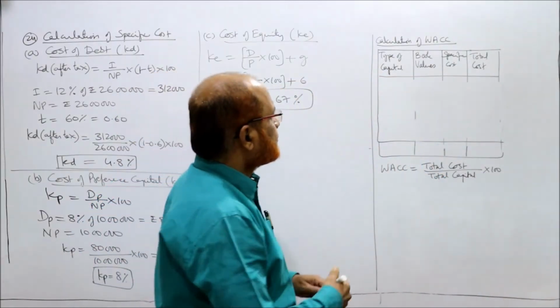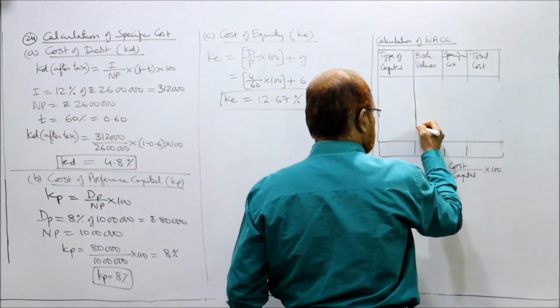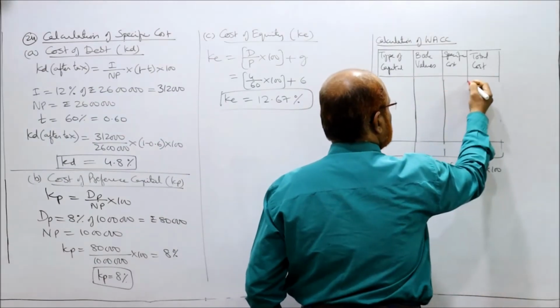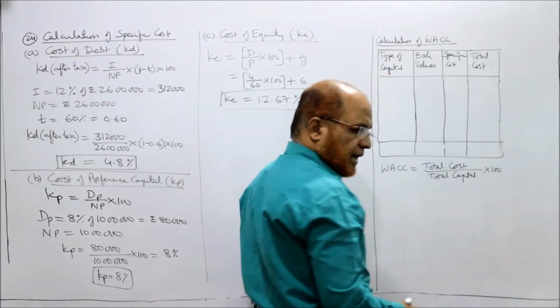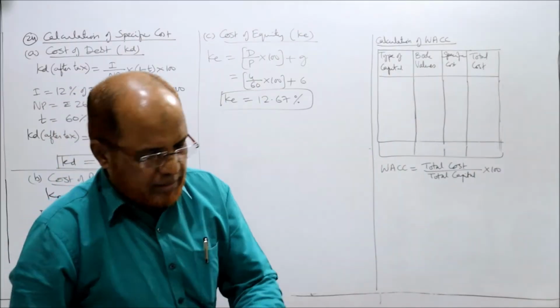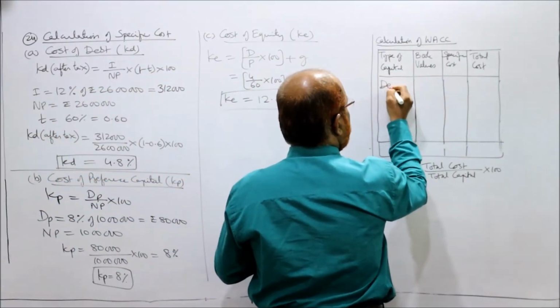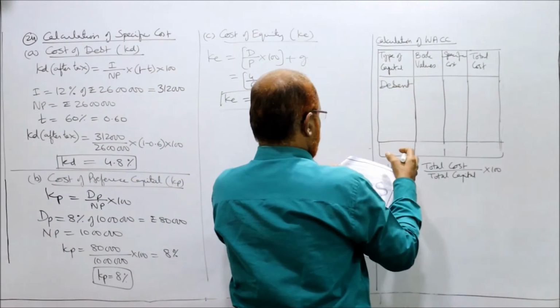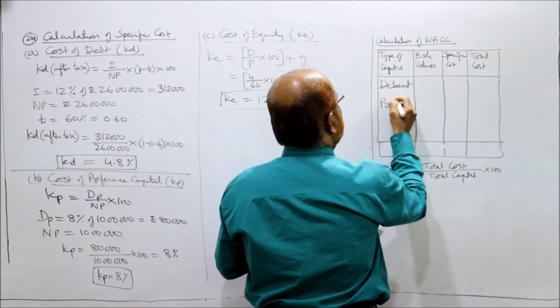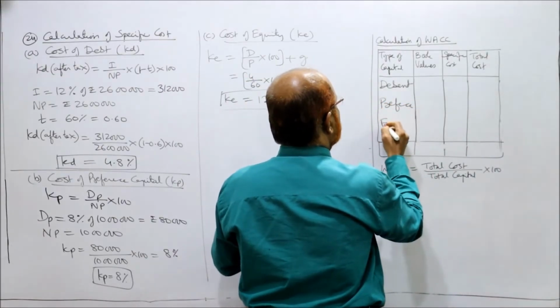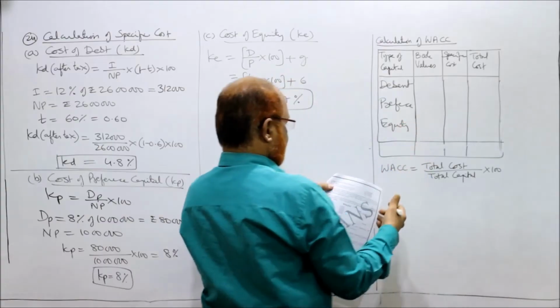Type of capital: 12% debentures. Next is preference capital. Last one is equity capital.